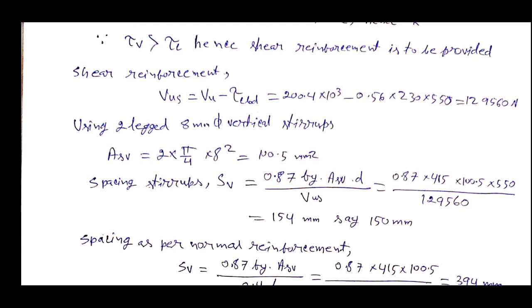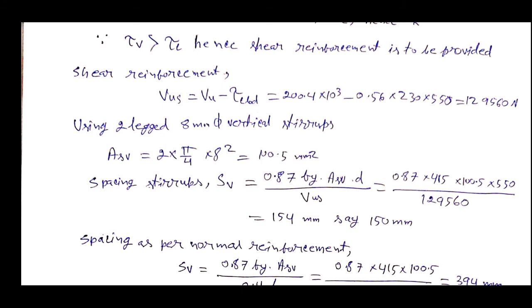Now using two-legged 8 mm diameter vertical stirrups. So Asv, that means area, is 2 into pi by 4 into 8 square, that equals 100.5 mm square.